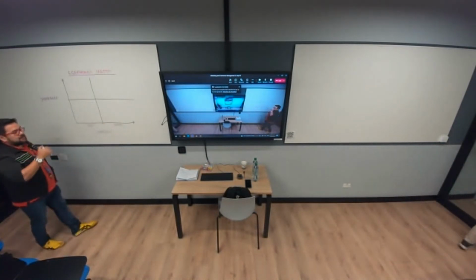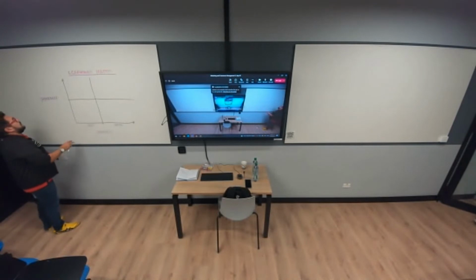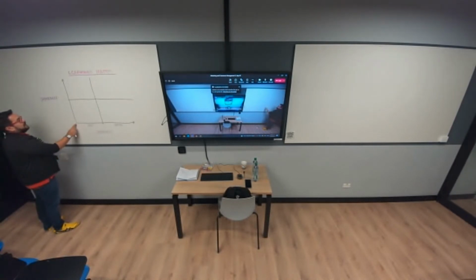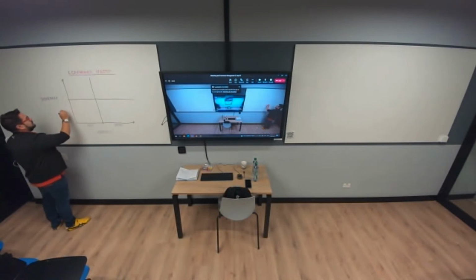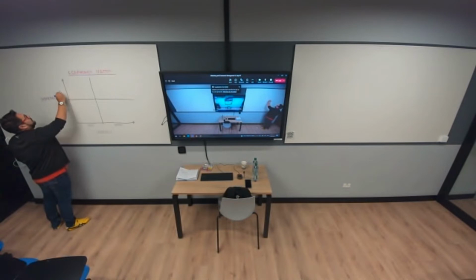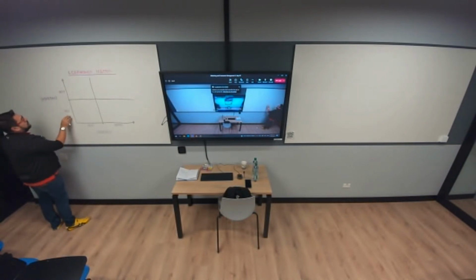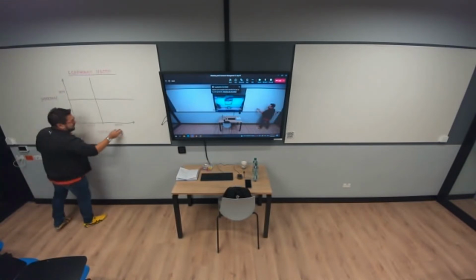The same happens for the variable importance: from the beginning until the middle is not, and from the middle until the end is very. So not important, very important, and not urgent, very urgent.